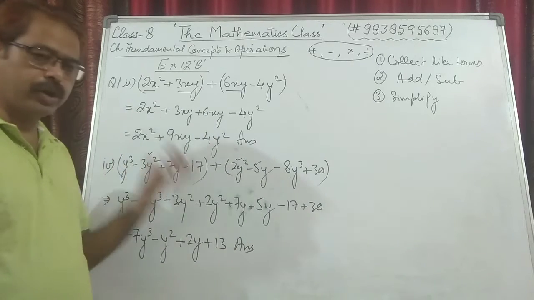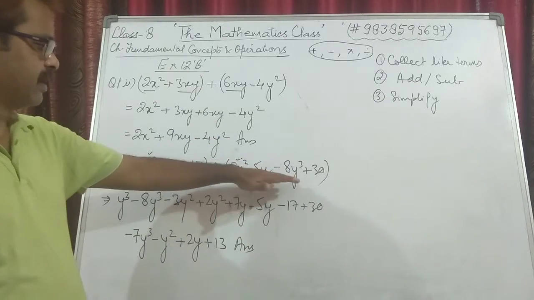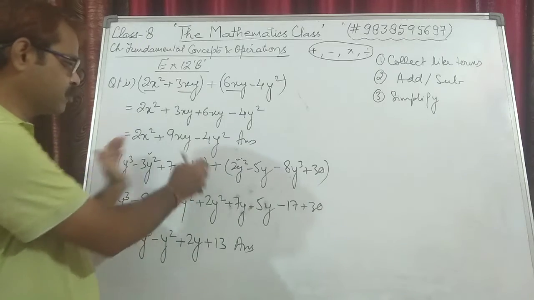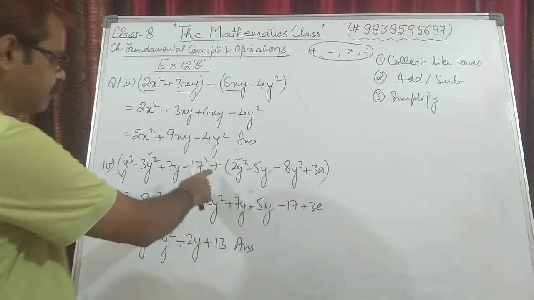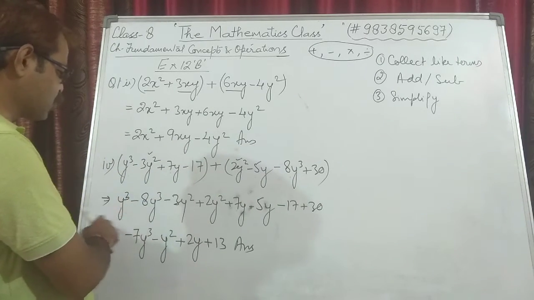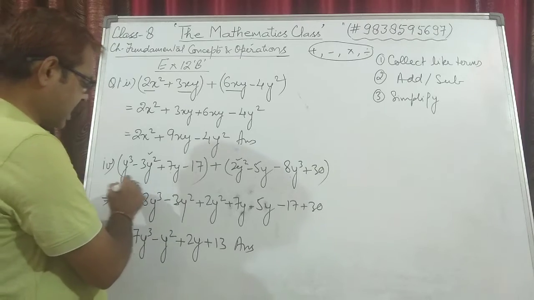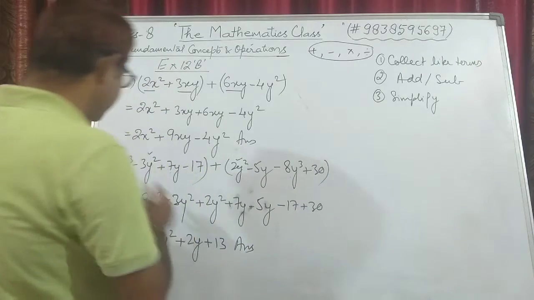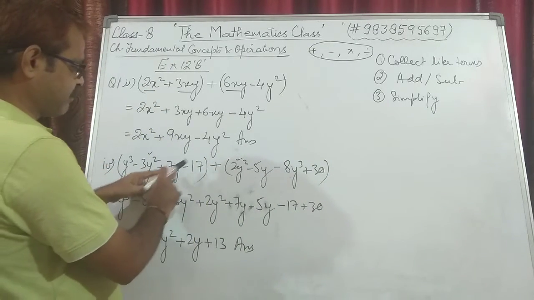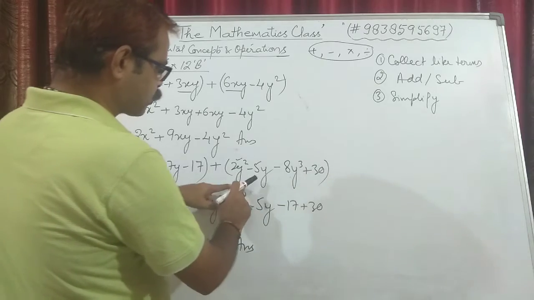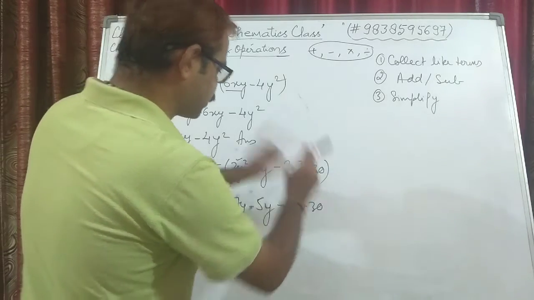Whatever polynomials are given, they are written. Then since the whole polynomial has to be added to the next whole polynomial, we put a plus sign, and then we can solve it. I haven't written a step in between. It should come: y cube minus 3y square plus 7y minus 17 plus 2y square minus 5y minus 8y cube plus 30.